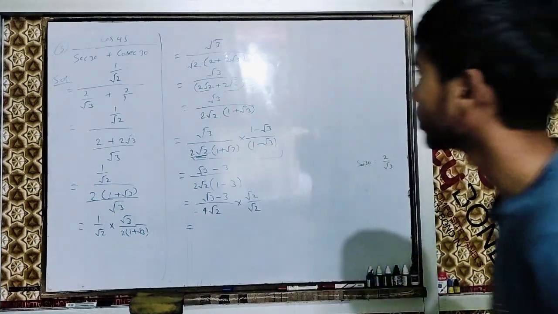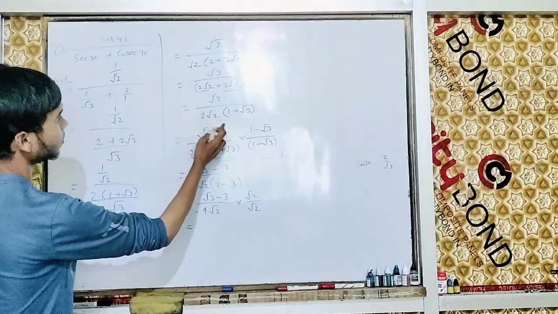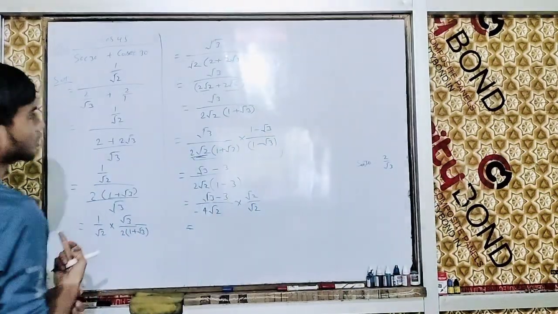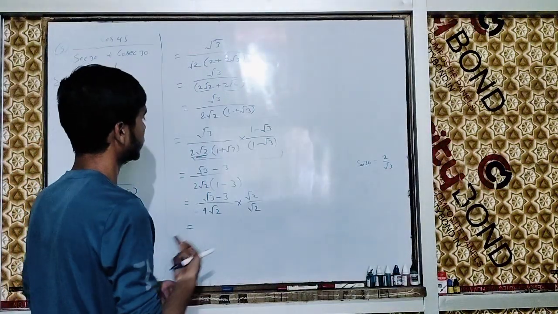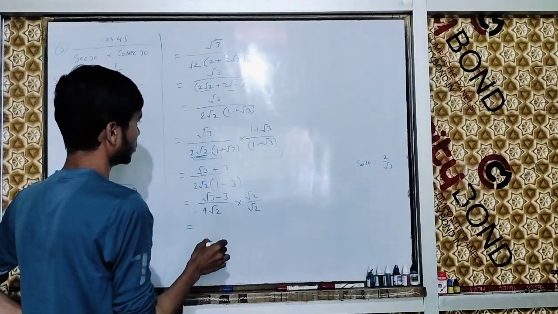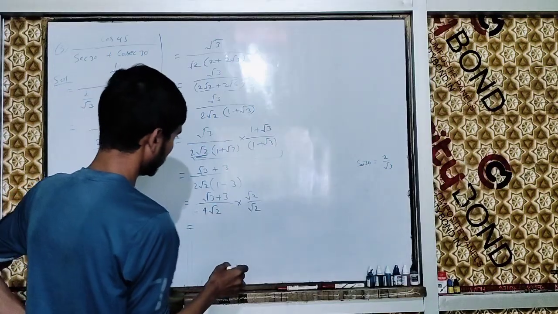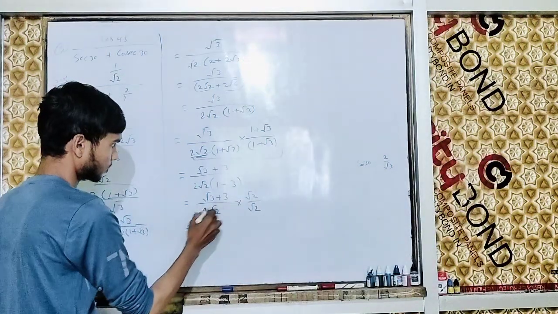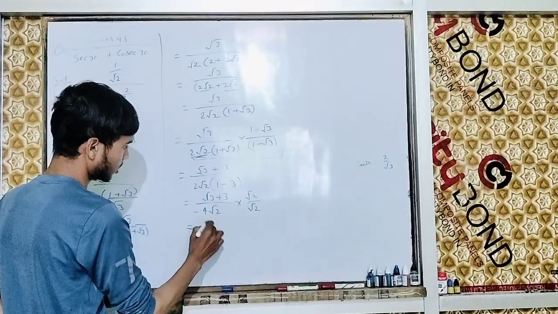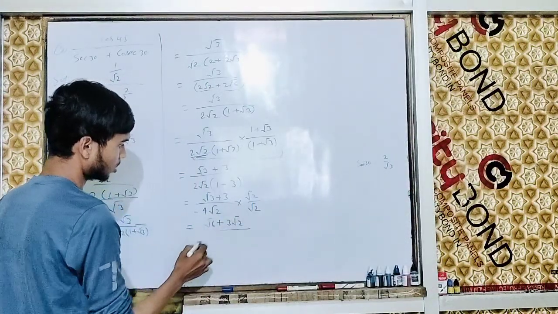Is something I did wrong? 1 plus, then plus. So it is a plus. Yeah, okay. Then this would be 6 plus 3 root 2.